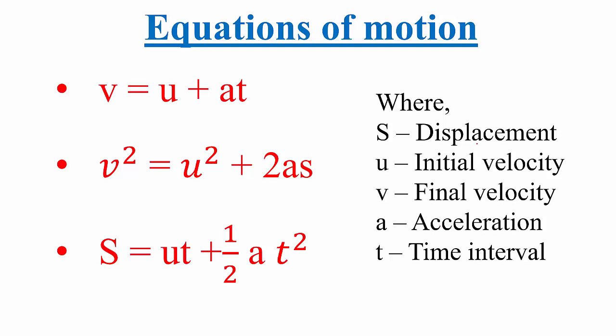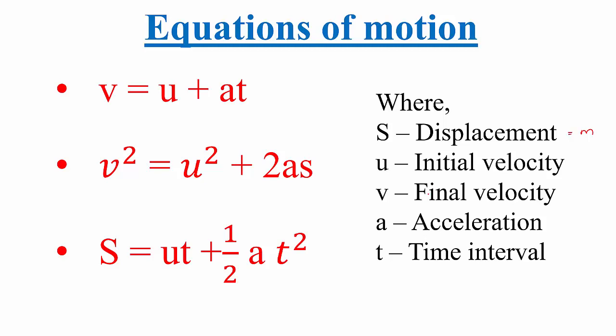What is displacement? Displacement is the shortest path length between any 2 points. The shortest distance between any 2 points is displacement and it is denoted by S and the SI unit of displacement is meter.